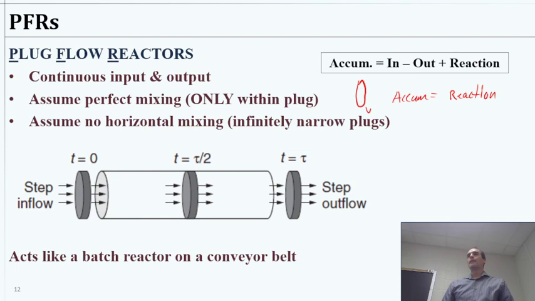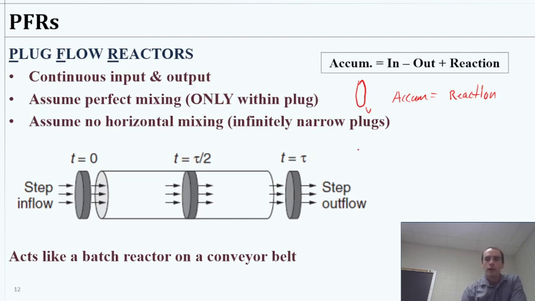The only difference is that instead of letting it sit for some amount of time in our bottle, the reactor itself defines the amount of time, because we have a flow rate going through this pipe, and at the end of it, we know that it took that amount of time to flow all the way through. So that's going to be our hydraulic residence time, or HRT. This little figure uses tau.